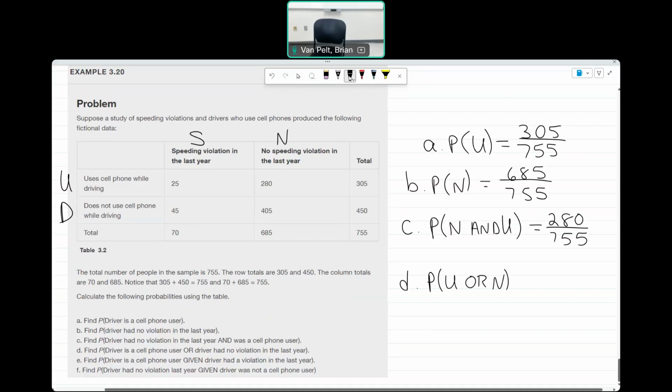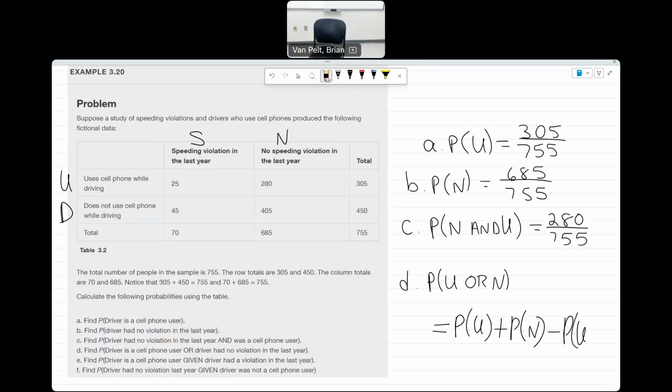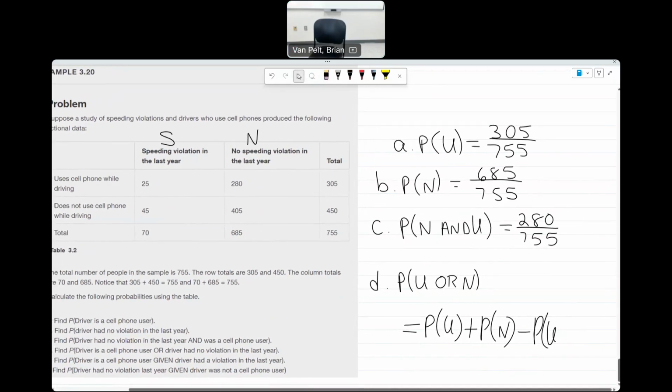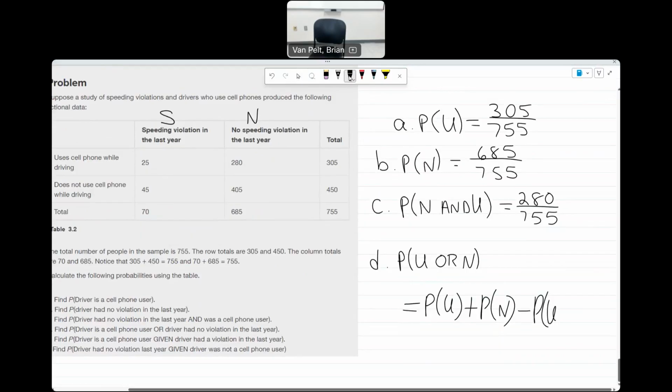Clearly, you would have had to do this before, because this is inside of this formula. The probability of U, that was this, right?